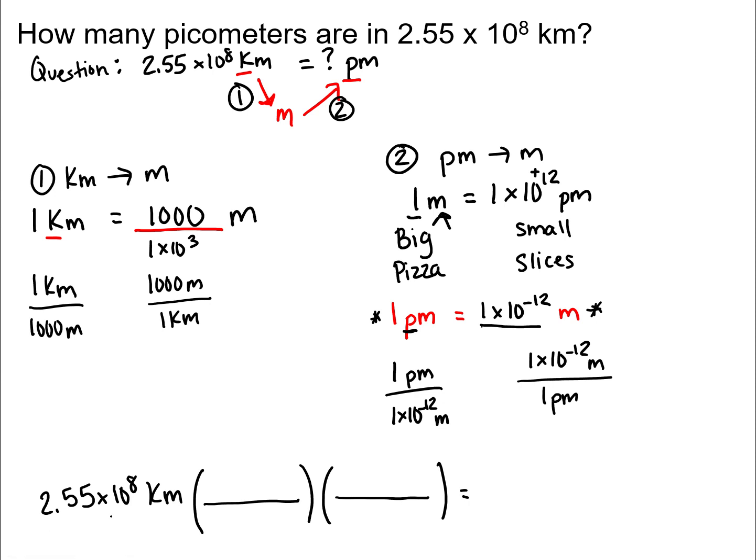But we would expect, since picometers are much smaller than kilometers, that our answer should be really big. It should be bigger than something that's 10 to the 8th. Let's fill in the unit factors and figure out what the exact answer is.